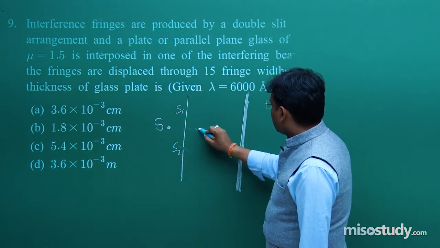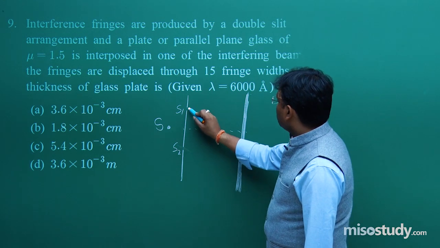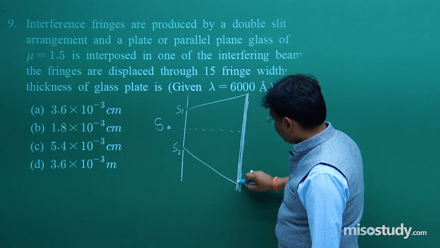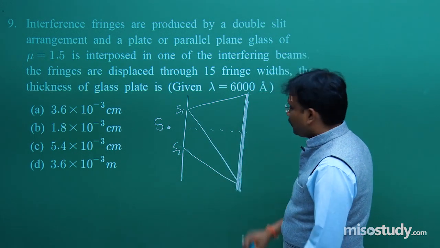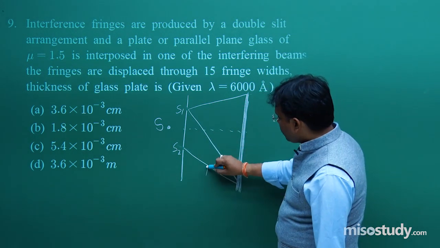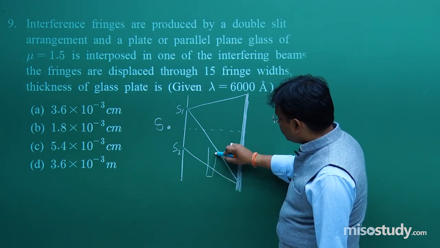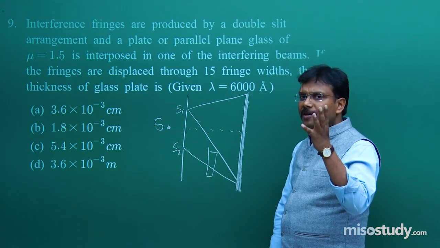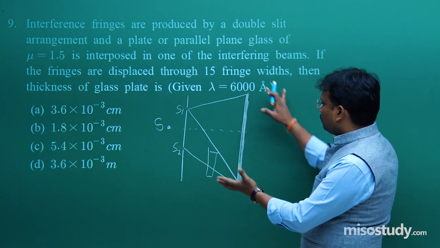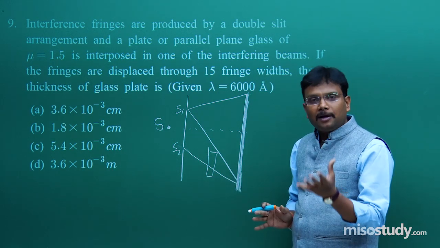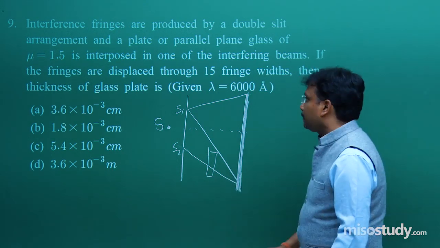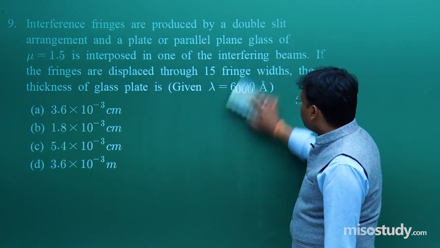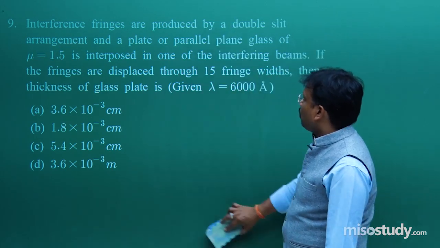Let us say you are getting fringes at this place or at this place, anywhere like this. Now if I introduce a glass plate of some thickness and some refractive index, obviously some optical path difference will come into the picture. So the discussion is associated with that optical path difference. I hope the diagram, which is a very simple diagram, is clear to all of you.